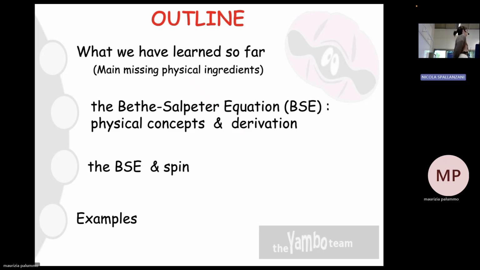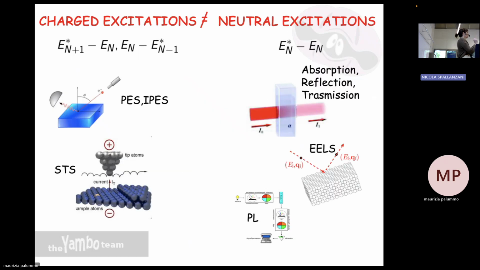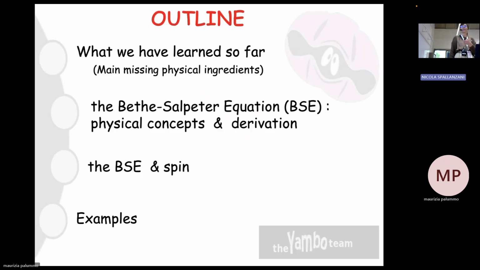If I have time, I will go through the relation of the Bethe-Salpeter equation with the spin degree of freedom. Finally, I will give you some examples just to give you an idea of the results, but you will see much better in the tutorial.